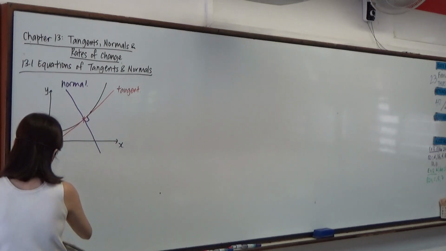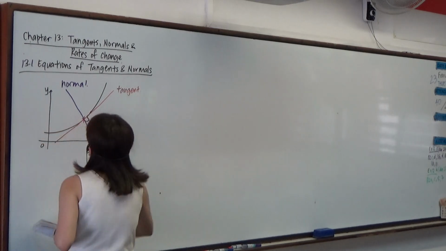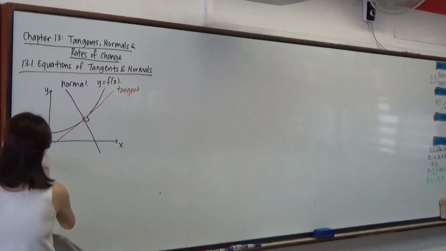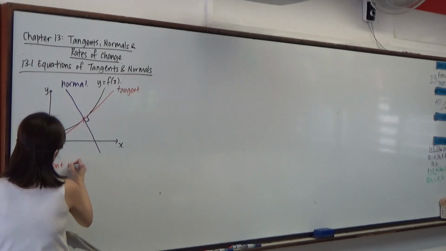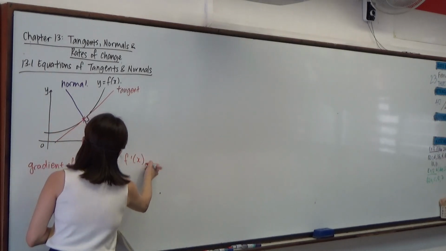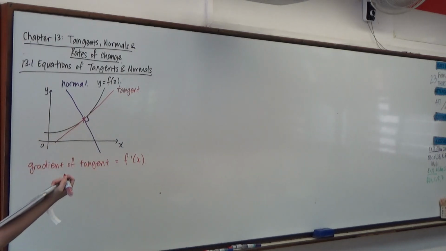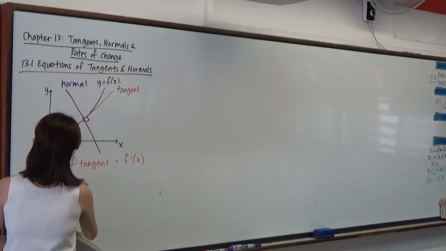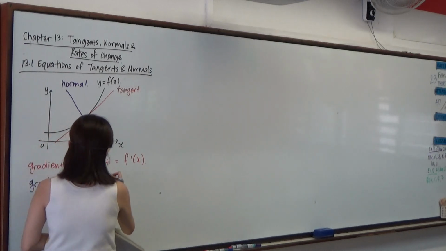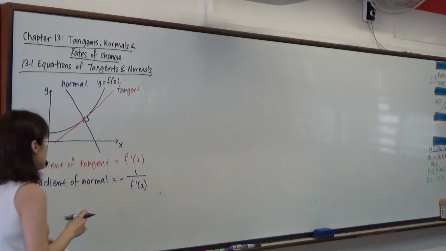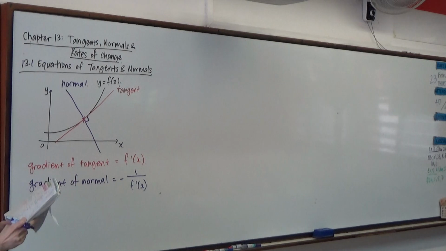Let's say y is equals to f(x) over here. Our gradient of tangent can be found by differentiating our f(x), our y, and then our gradient of normal will be -1 over the derivative.